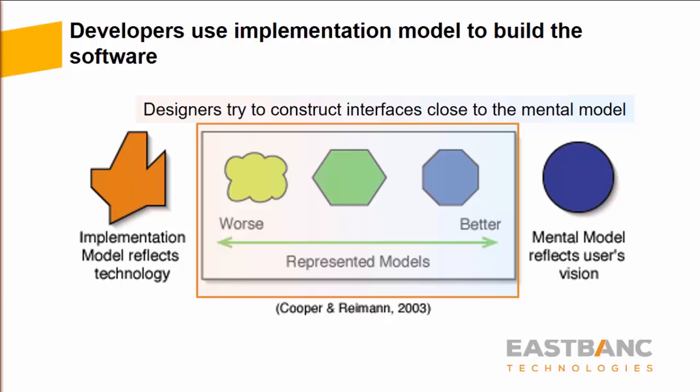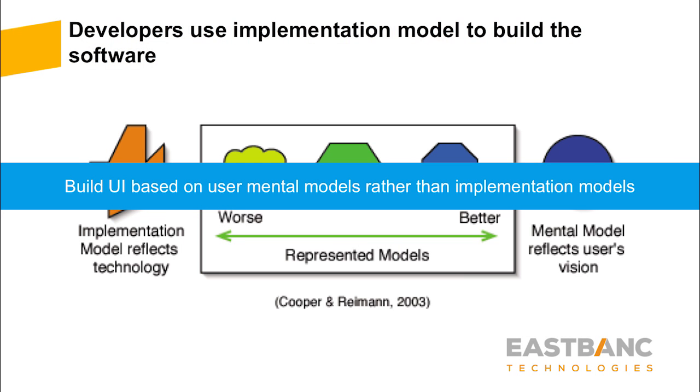So the answer to the question, how do you make your software intuitively understood by end users? You need to be aware of the user's mental model and build your interfaces based on that rather than the implementation model. And this is the challenge.